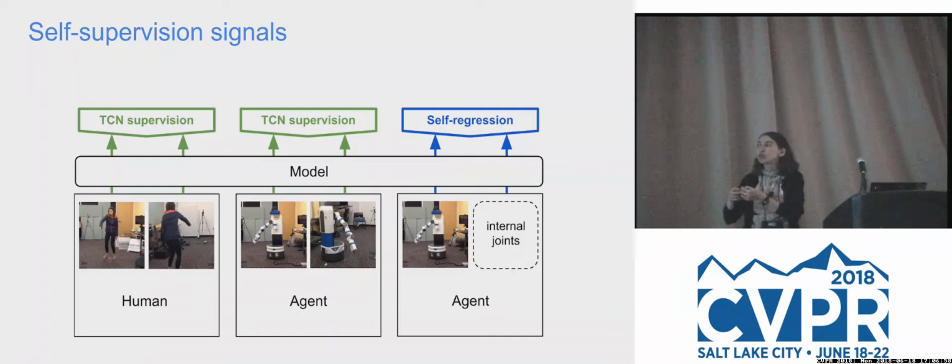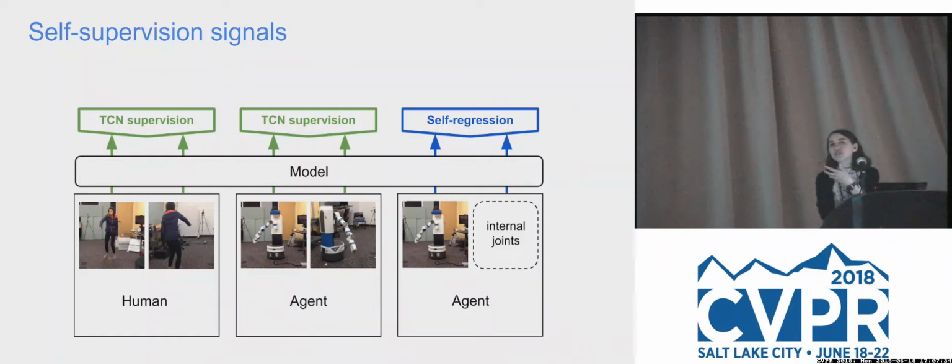Here the TCN embedding is a little bit richer, where you have the robot observing itself from two views, and a person doing actions from two views. While the robot is observing itself doing some random actions, it's also learning a regression between the feature representation and its joint angles, kind of its state.